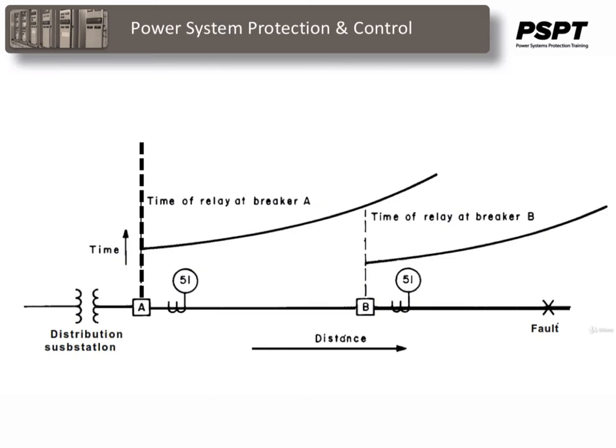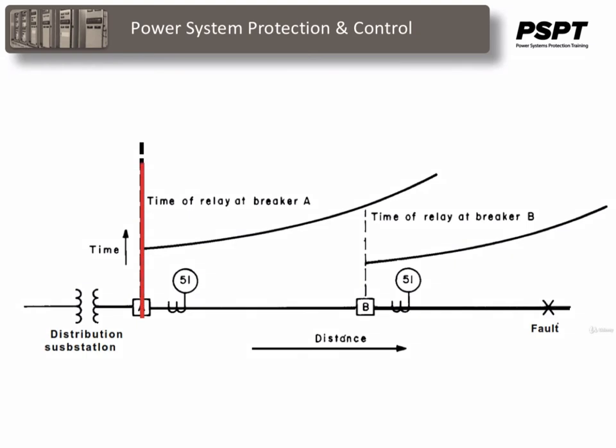This diagram shows the application of a couple of timed overcurrent relays on a radial feeder that flows from station A through station B. Superimposed over the diagram is a time curve showing the time characteristics of the overcurrent relays at the various stations.